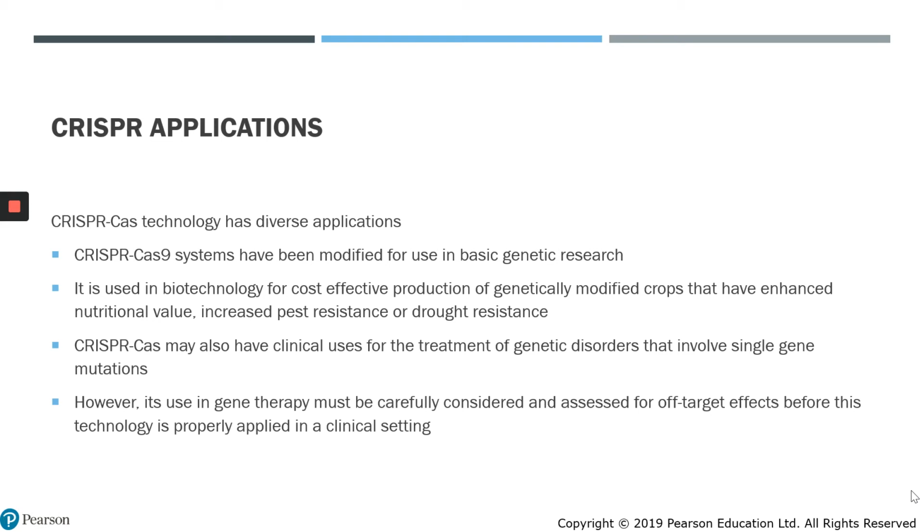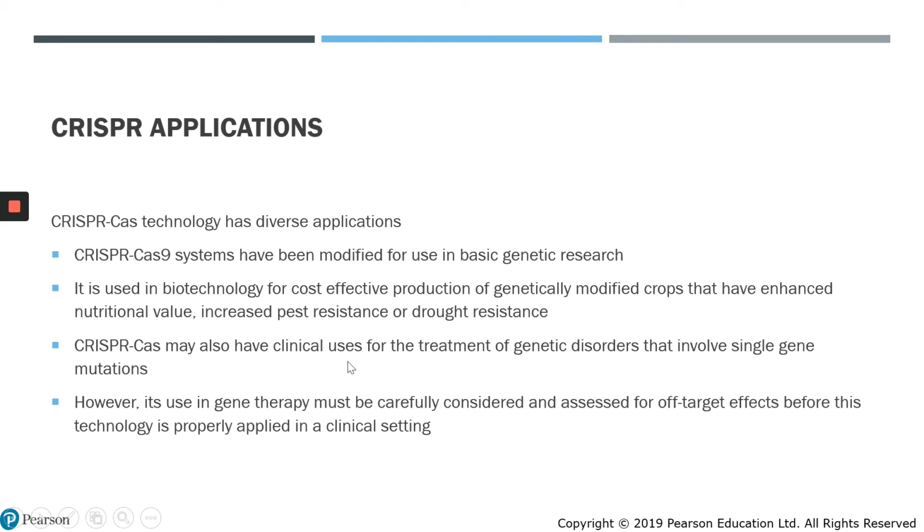CRISPR-Cas technology has diverse applications. The system has been modified for use in basic genetic research, which we will be discussing further. It can also be used in biotechnology for the cost-effective production of GMOs, genetically modified crops, that have enhanced nutritional value, increased pest resistance, as well as drought resistance.